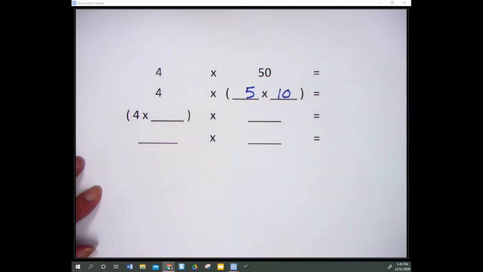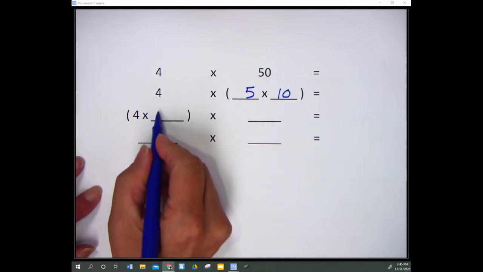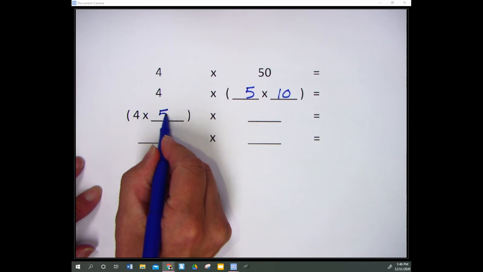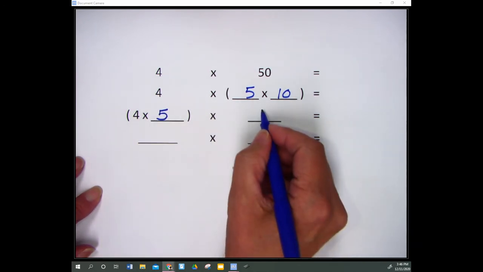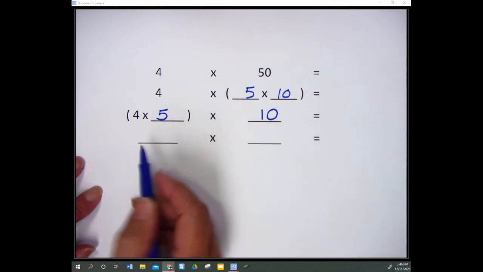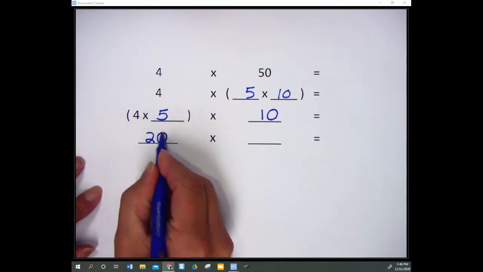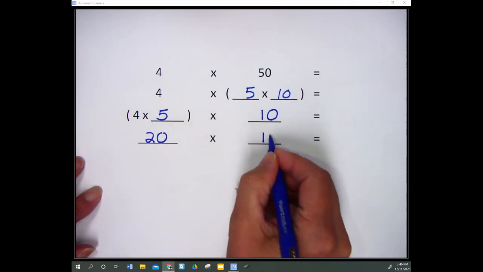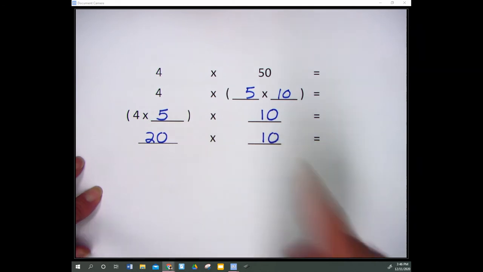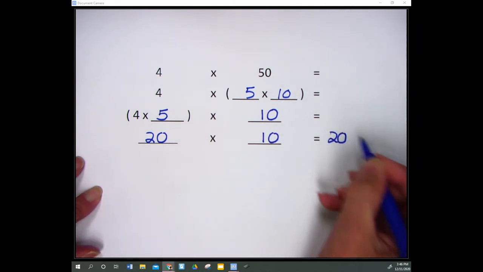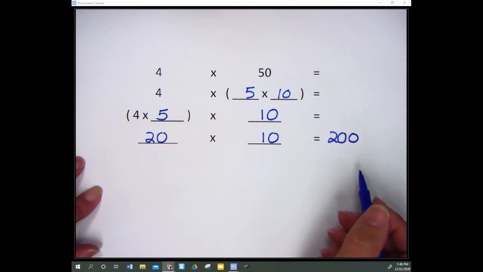But for me, it's a lot easier to do the 4 times 5 together. That's a basic math fact, 4 times 5. And then multiply that times 10. I know 4 times 5, that's 20. So now I have 20 times 10. So I have 20 of those 10s, otherwise known as 200.